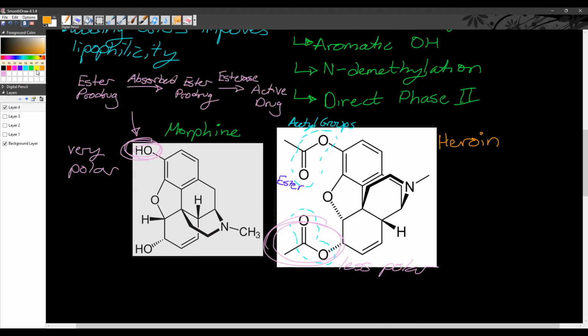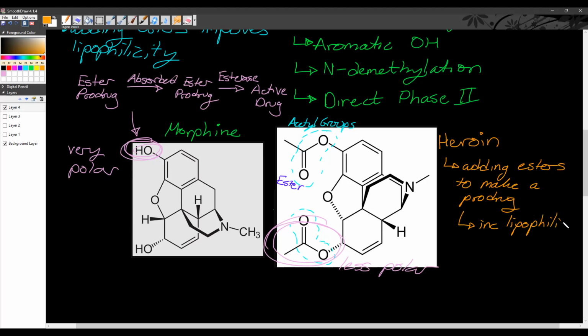So for heroin, adding esters to make a prodrug increases lipophilicity, which then increases absorption, which means a smaller dose.